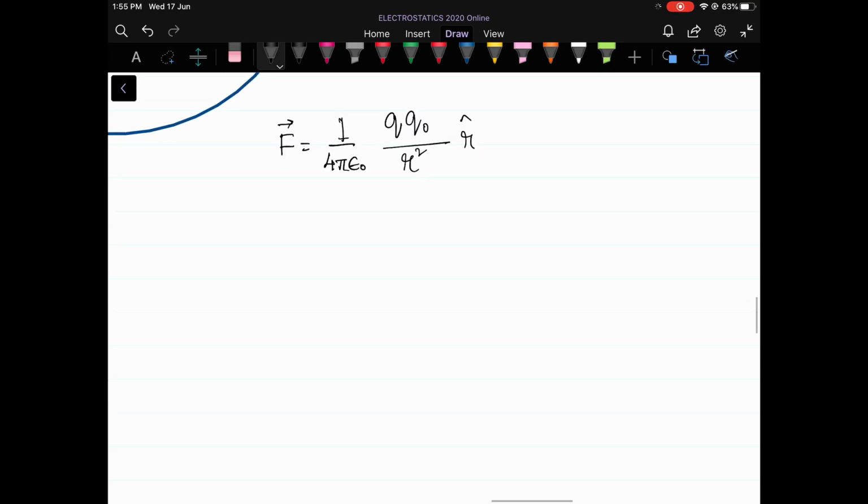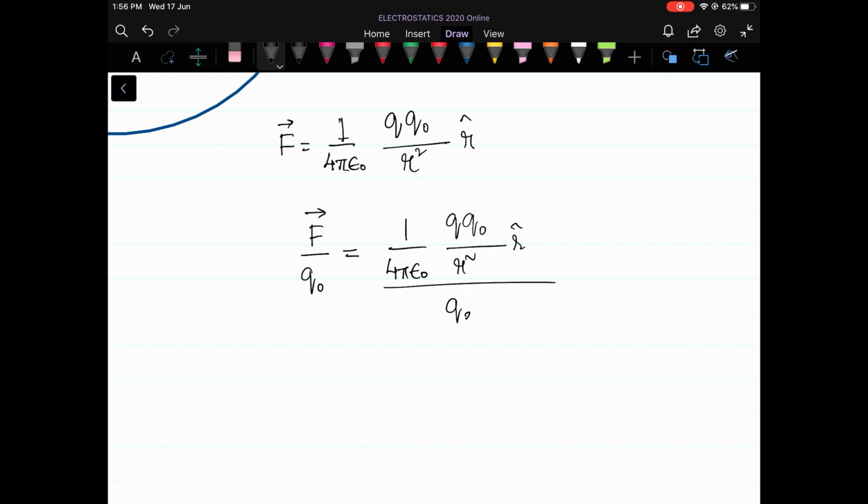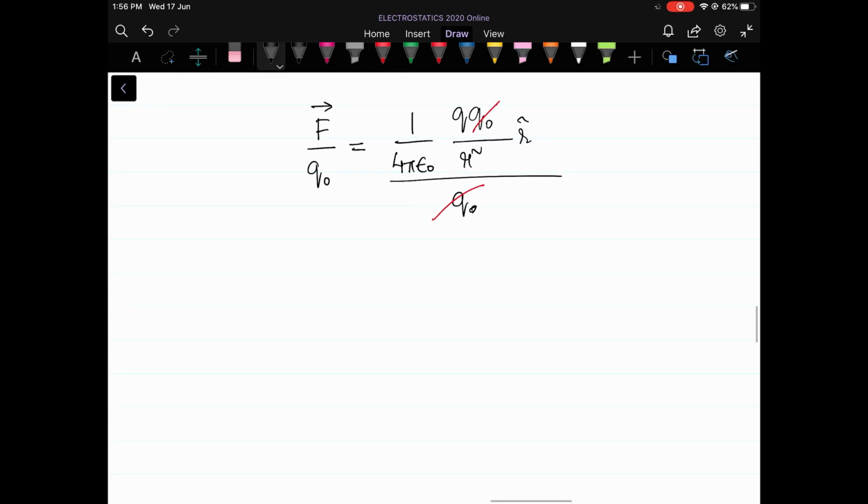Now one way to do that is we take our force and we divide by our test charge. You can see when we do that we get 1 by 4 pi epsilon naught Q Q0 by r square, some direction, and we have divided by your Q0. So now this Q0 and that Q0 get cancelled, and we get F by Q0 equals 1 by 4 pi epsilon naught, the source charge, r square, and some direction.